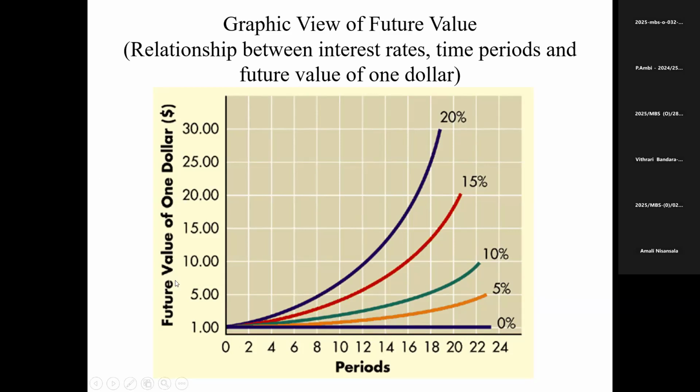So if you take the future value of money, you can see it with the rate of interest. The higher the rate of interest, you can observe a relationship: the future value of money is greater. So you can see the direct relationship. Higher interest rate, higher future value; higher time period, the future value of money is greater. So we bring the relationship based on the compound interest calculation based on future values.